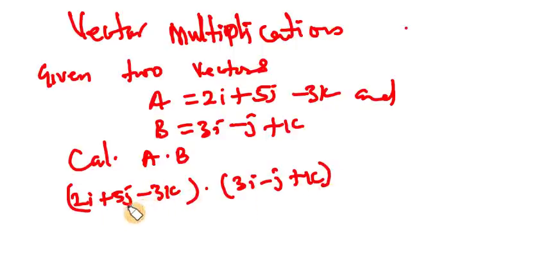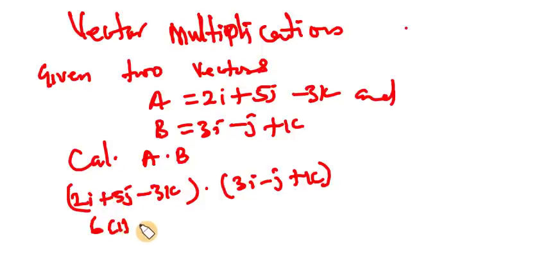If we dot i with itself, it gives us 1. But if we dot i and j, it gives us 0. So our interest is just i with i, j with j, and k with k. So 2 times 3 is 6, and i dot i is 1.